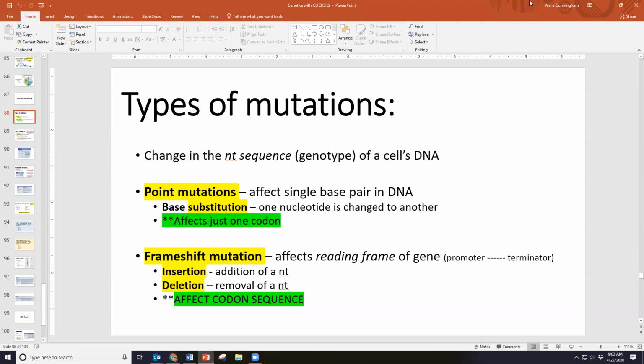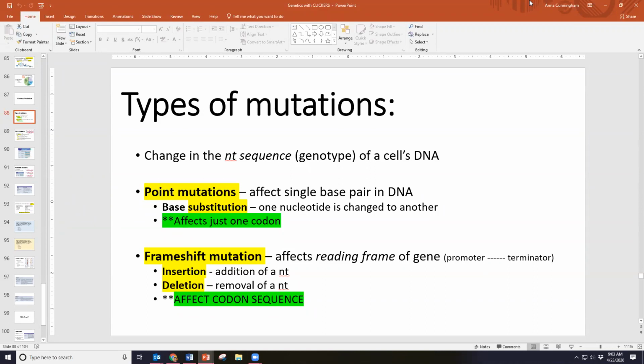Or if you delete one, you go from 3 to 2, which means you start reading the first nucleotide from the subsequent codon as part of that, right? So what frameshift mutations do, which is again insertions or deletions, is affect the entire codon sequence. So not just one codon, the whole codon sequence.